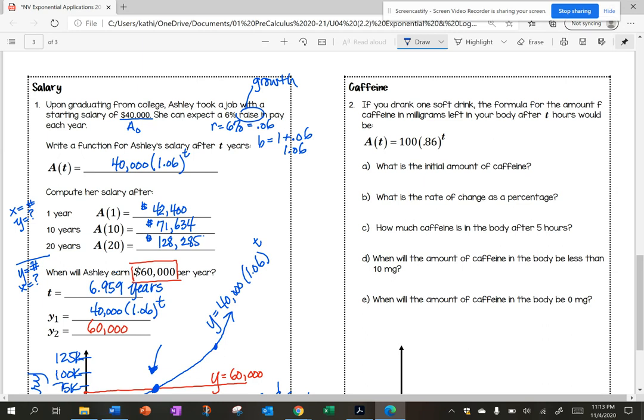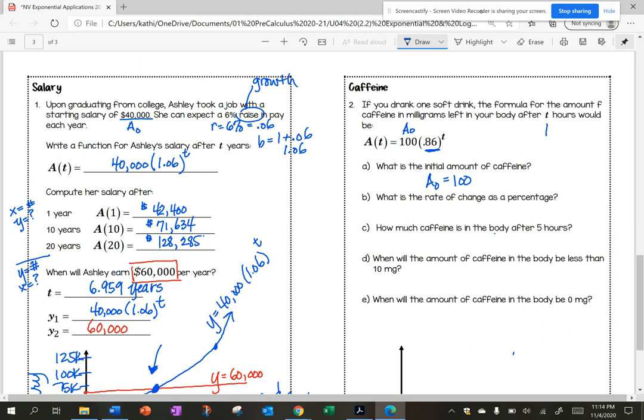What is the initial amount of the coffee? So this is asking for A sub 0. So the initial amount, A sub 0, is 100. What is the rate of change as a percentage? First of all, I am less than 100 here.